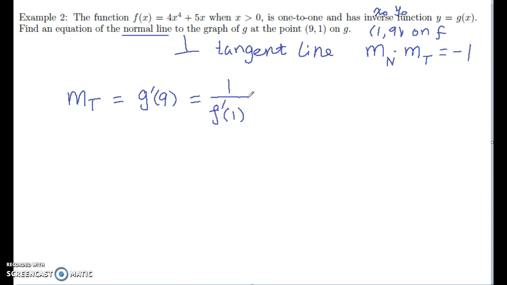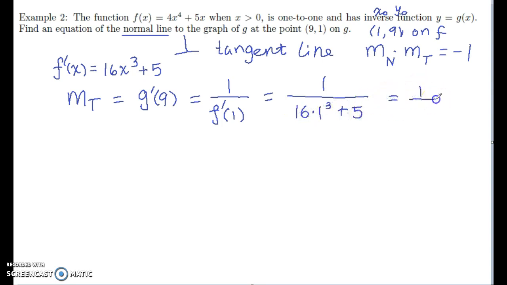So now we just need to find f prime of 1. f prime of x, using the power rule, is 4 times 4 comes down, so 16x to the 3rd power plus 5. Now we plug in 1: 16 times 1 to the 3rd power plus 5, so it equals 1 over 21.